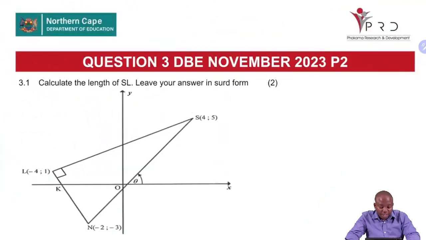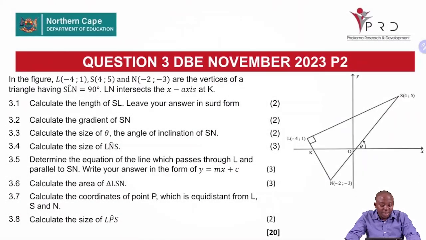In this activity, we are told that in the figure, L has coordinates (-4; 1), S has coordinates (4; 5), and N has coordinates (-2; -3). They are the vertices of a triangle having angle SLN as 90 degrees, and the line LN intersects the x-axis at K. In the first question, we are required to calculate the length of SL.